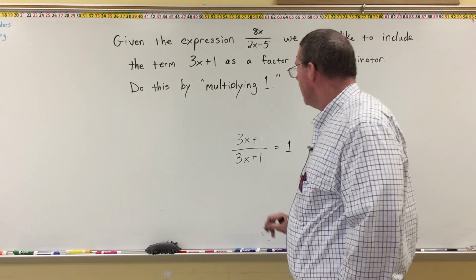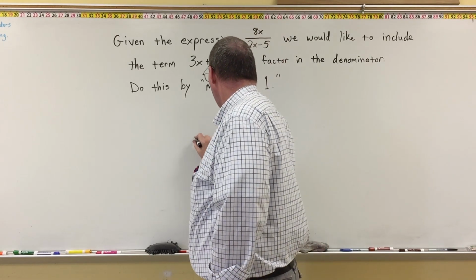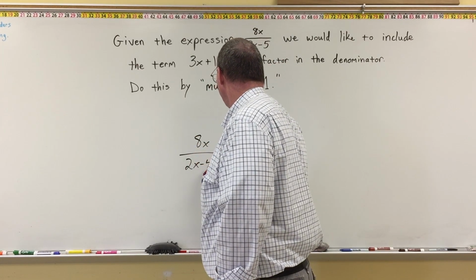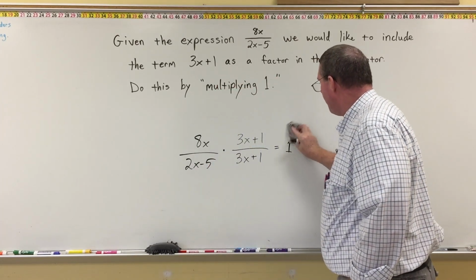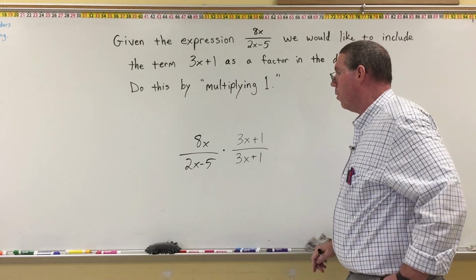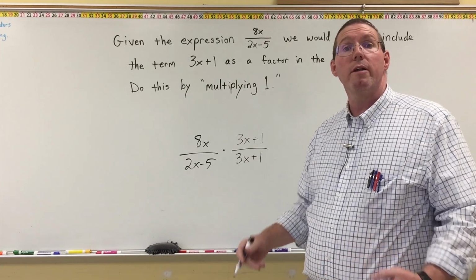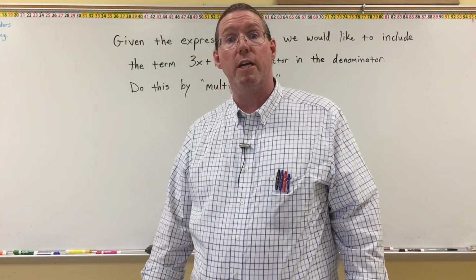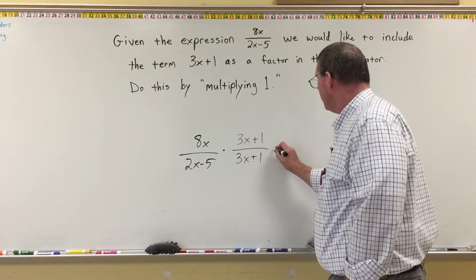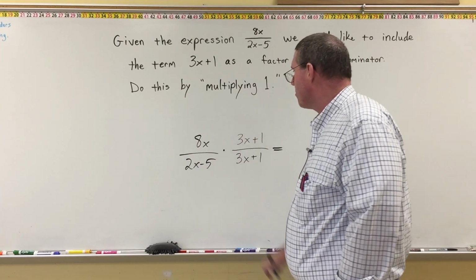And so what I'm saying is that if we were to multiply this expression, 8x over 2x minus 5, by 3x plus 1 over 3x plus 1, it's the same thing as multiplying by 1. And therefore, it'll essentially keep the expression as having the same value, okay? So let's go ahead and do this. Do we remember how to multiply a fraction times a fraction?